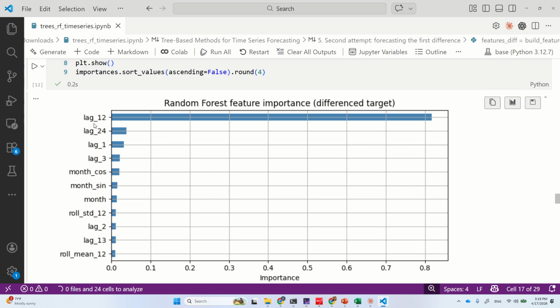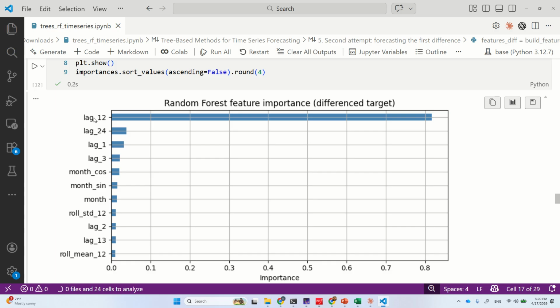So here is lag 12, which makes sense because that means that the most important variable for the prediction is the observation 12 months ago, right? So if you want to predict January of, let's say, 2027, then the most important variable in this model is January of 2026, right?